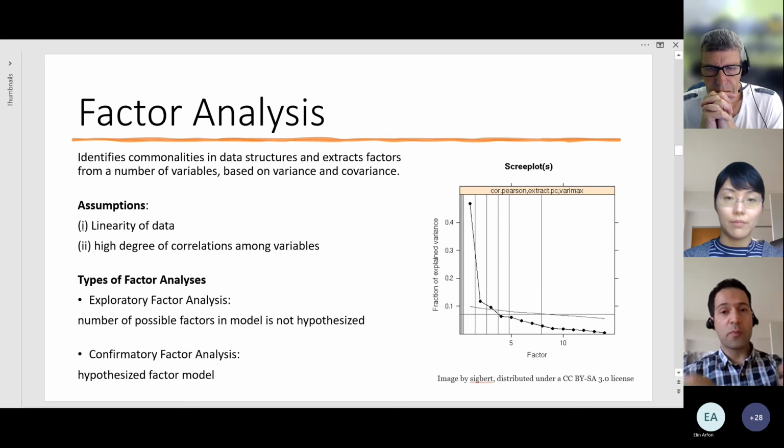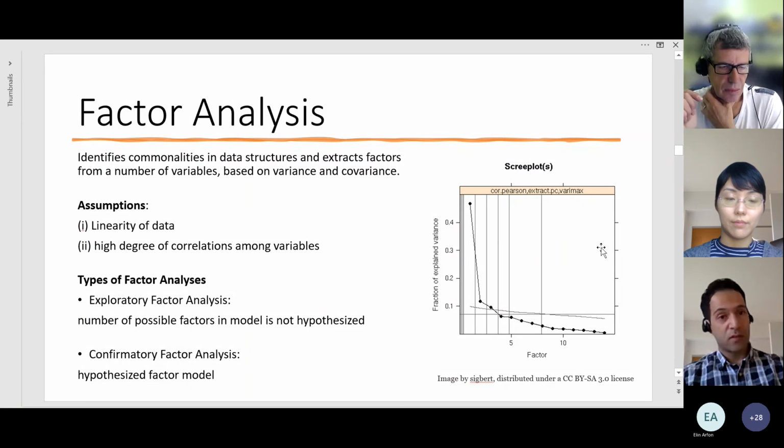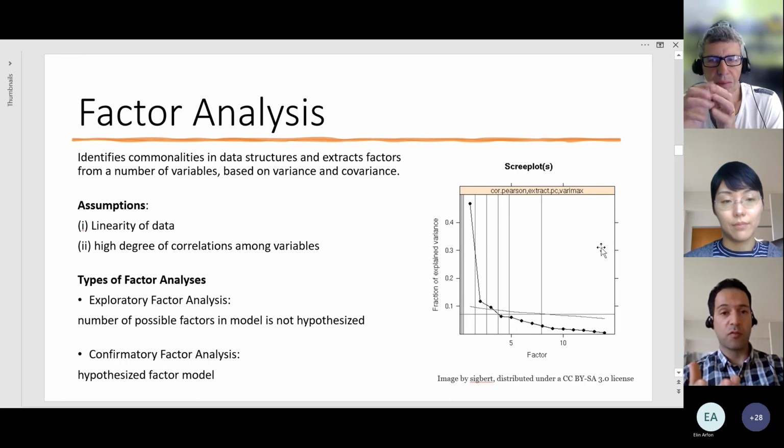And then it will become much easier for you to make sense of the data instead of relying on single questions and students' performances on single questions. You can rely on factors. So 40, 30, or 20 items will be reduced into a handful of factors, which is more manageable and a lot easier to make sense of.